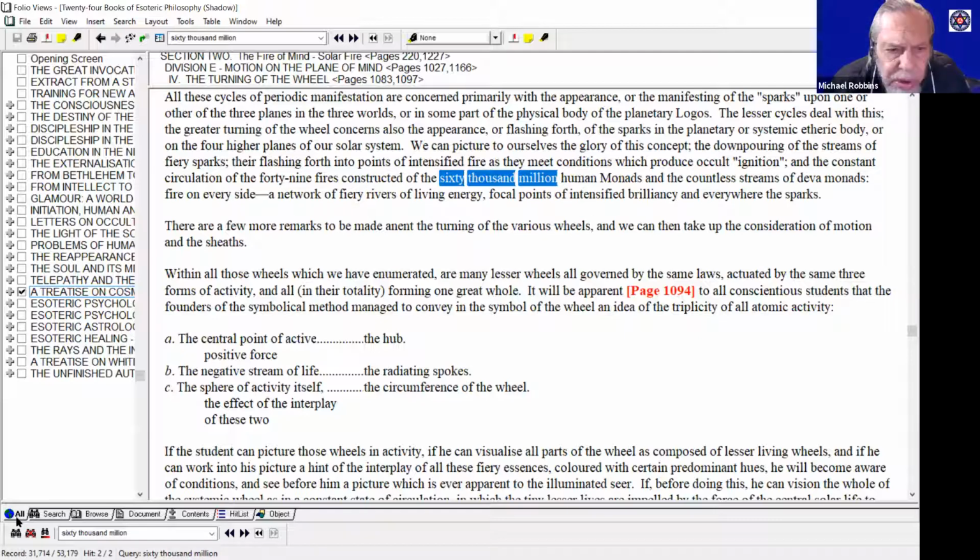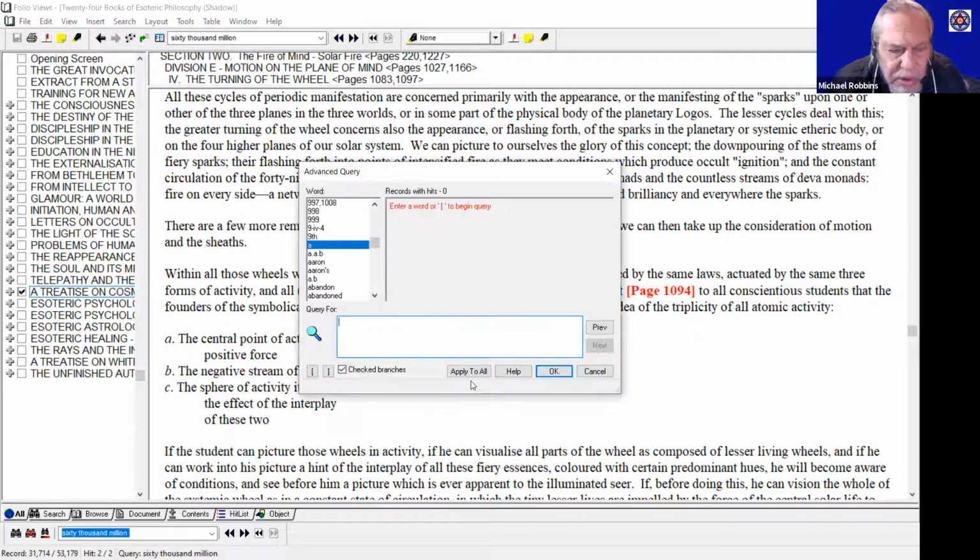Okay, so let's see if we can also look at this 140,000. Well, we're not coming up with that, but it does exist for sure.